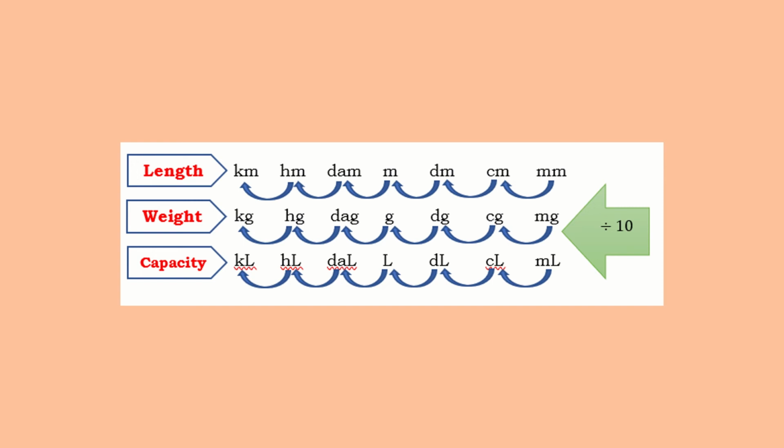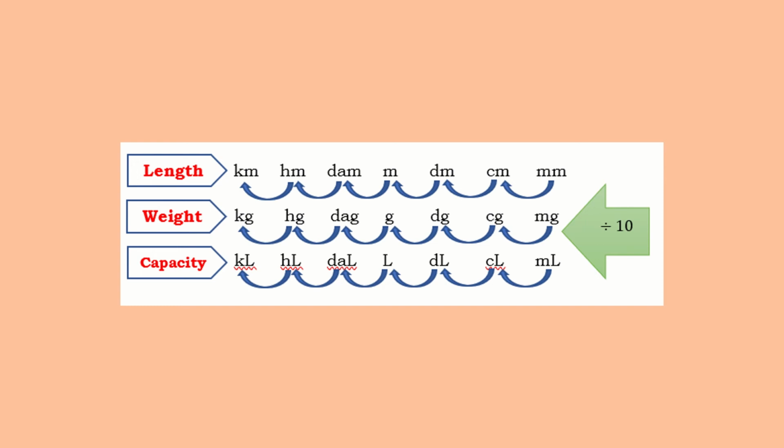So if you have centimeter, which is your smaller unit, and you have to convert it going to decimeter, which is dm. Centimeter is smaller than decimeter, therefore you have to move going to the left. So from centimeter, you have to move once in order to convert it to decimeter.